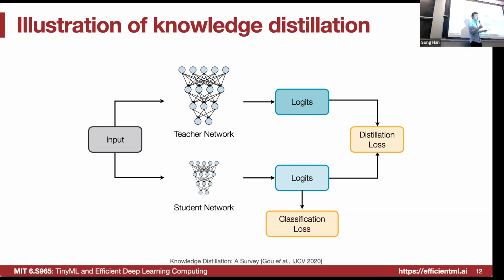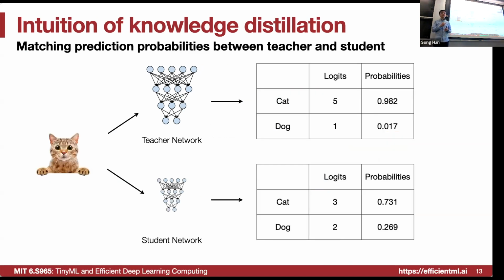But now we have a new loss called distillation loss, which tries to match the logits produced by the teacher model and the student model. We try to learn from the teacher, try to match their logits. So that's why we have a new loss called the distillation loss.